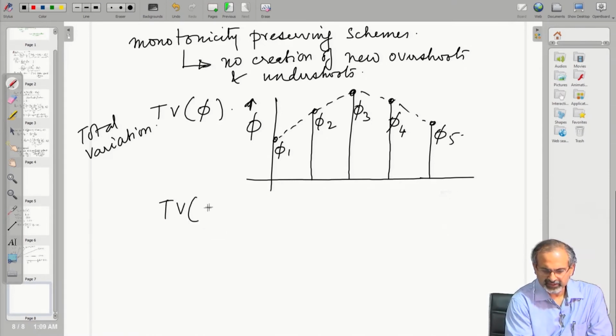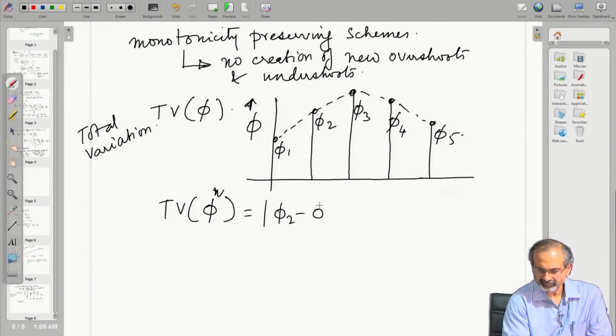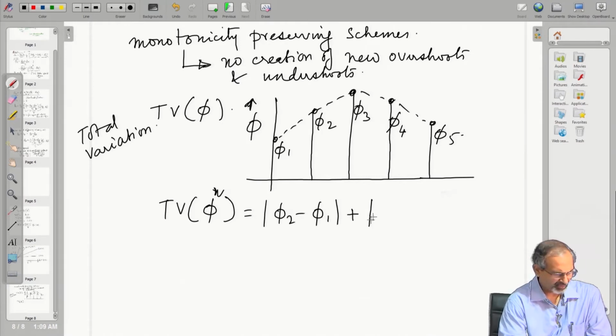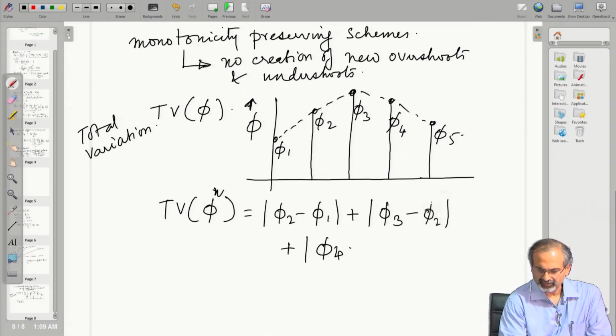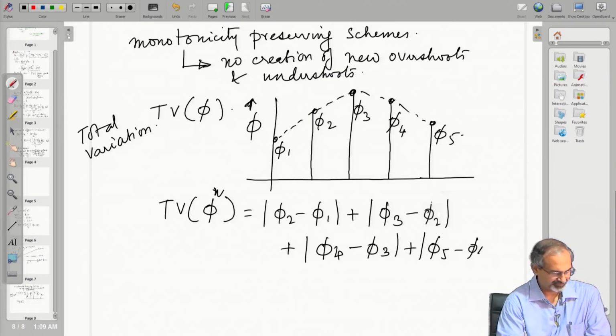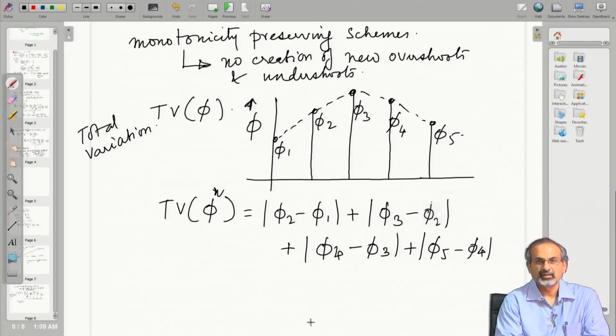So, the total variation of the property phi at, let us say, the nth time instant would be given by the sum of the moduli of the differences of phi as we move from one point to the other, covering the entire range of phi that we can see. So, that gives the total variation.